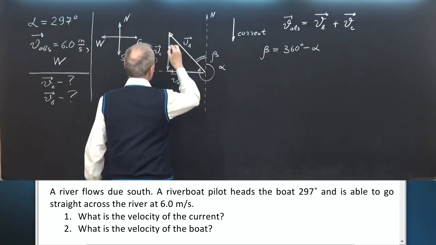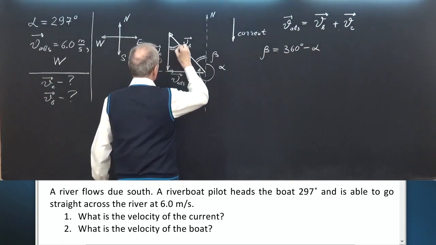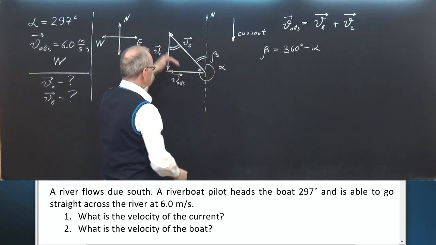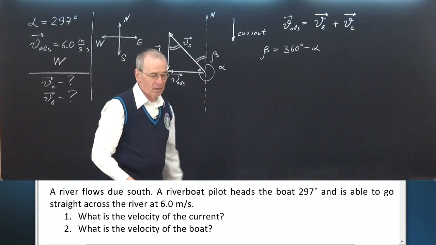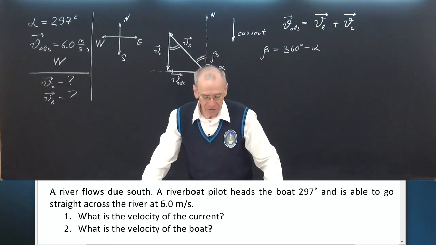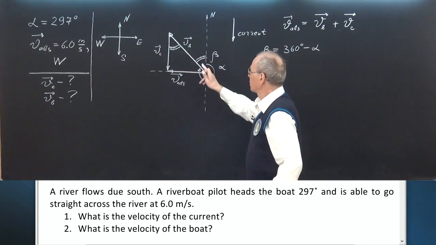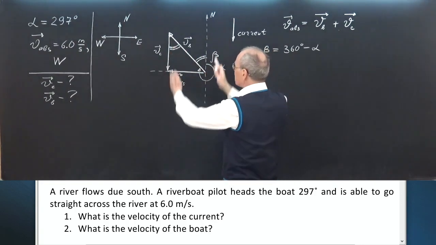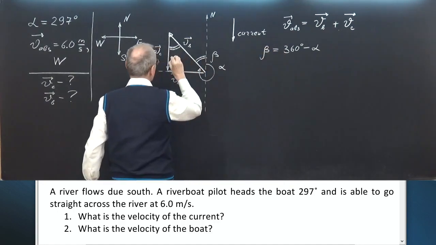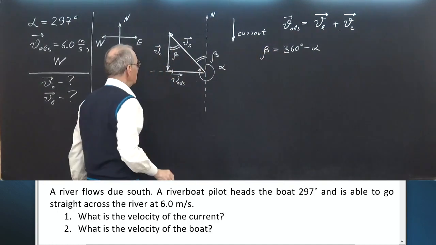The same angle is here because we have two parallel lines and transversal. And as you know, alternate interior angles between these two lines and transversal are equal. So this is beta also.